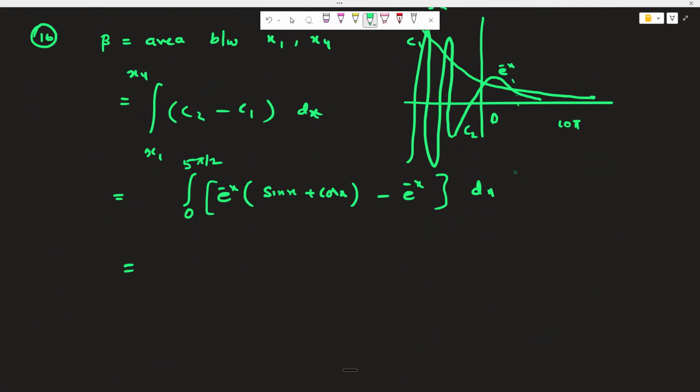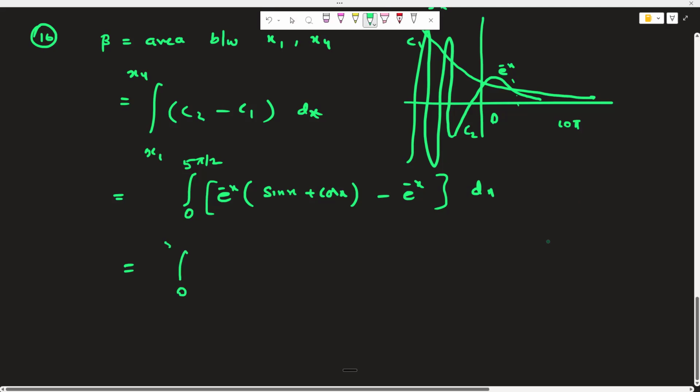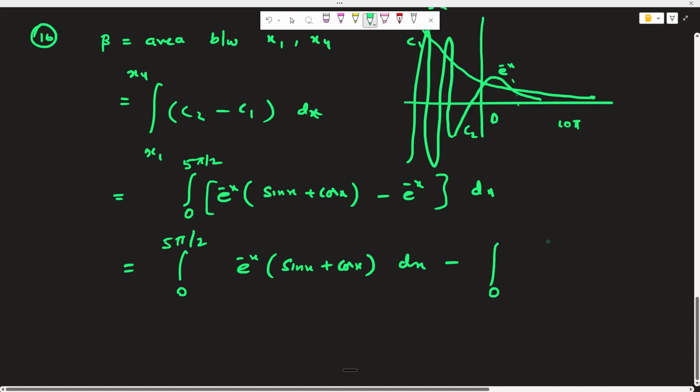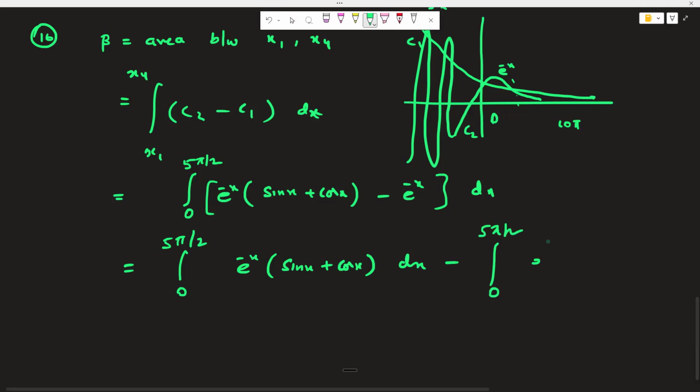Since it is 0 to 5 pi by 2, we can take e power minus x common: integral 0 to 5 pi by 2 of e power minus x into sin x plus cos x dx minus integral 0 to 5 pi by 2 e power minus x dx.